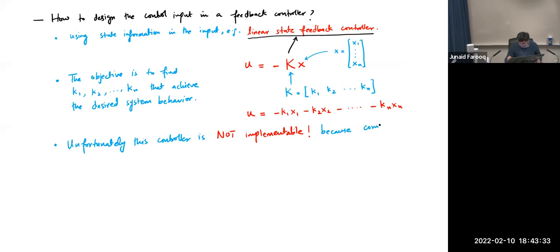Because complete state information may not be available. For example, if you have a system running according to certain dynamical behavior, you may not be able to see it all the time. You may not know the exact state of the system at all times. There are cases where you can, but that's not the general case.